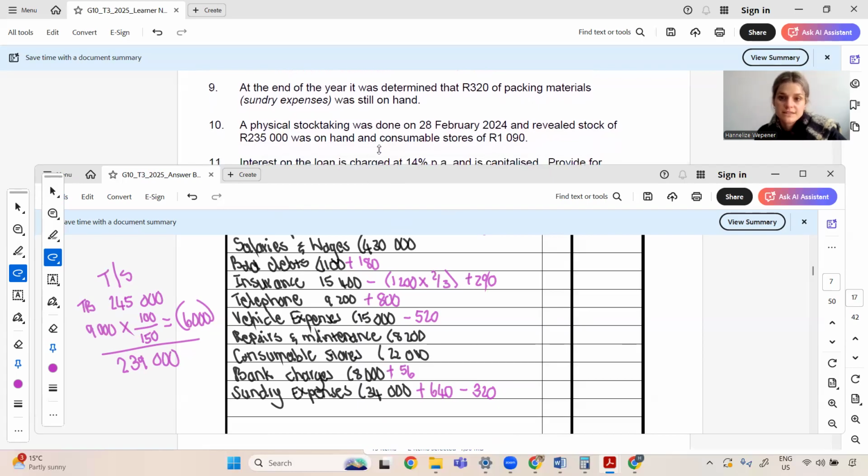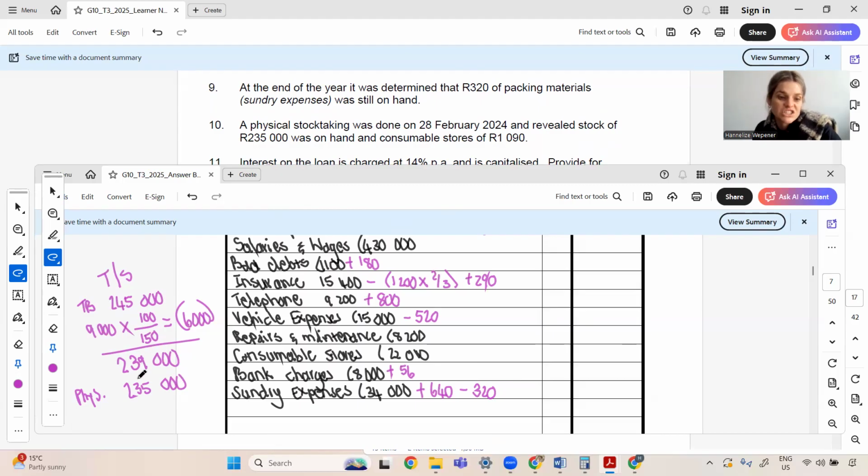A physical stock taking revealed stock, so trading stock, of 235,000 Rand. So your actual stock, so physical stock, was 235,000 Rand. You thought, after doing your adjustments, you thought it should be 239,000. So they are saying that you physically have less than what you thought you had.